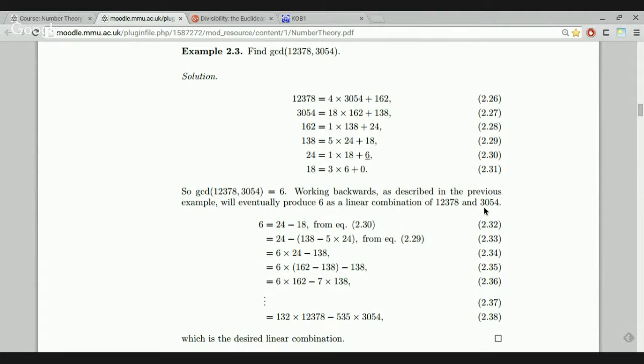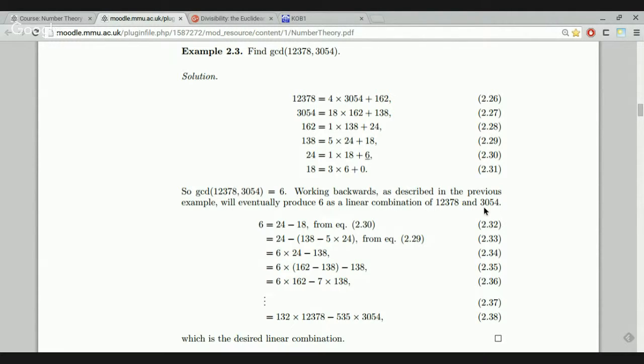Then we would also like to obtain the linear combination of the original two numbers, 12,378 and 3,054, that gives you 6. But from the second last equation, you get a linear combination of 6, not of the original pair, but of the second last pair, 24 and 18.